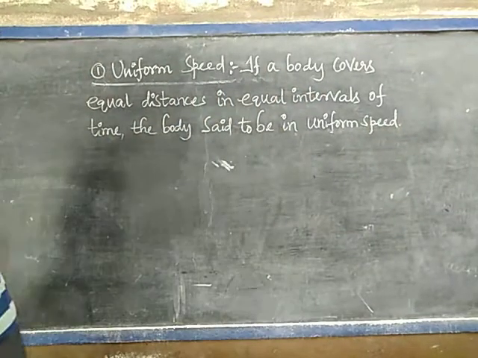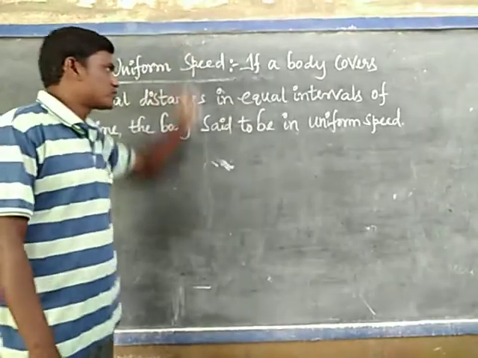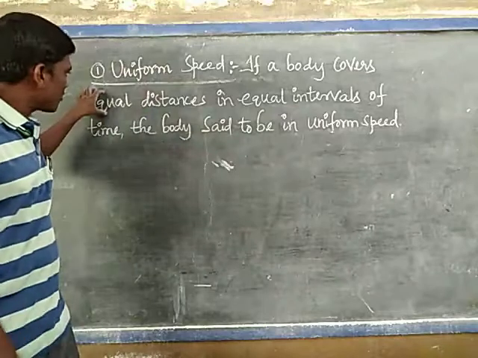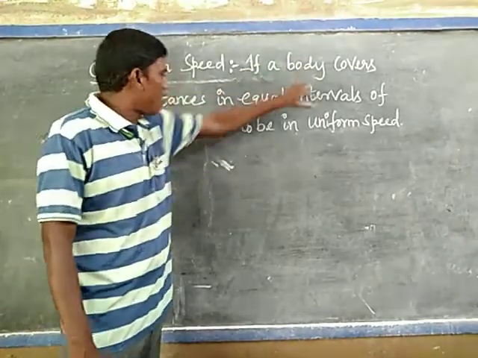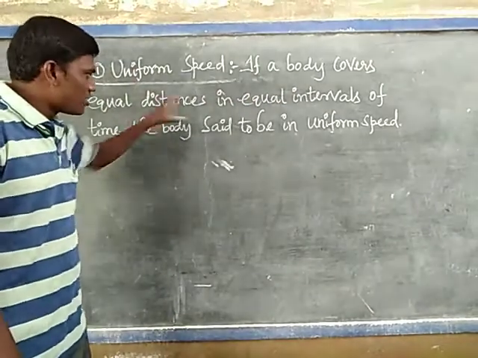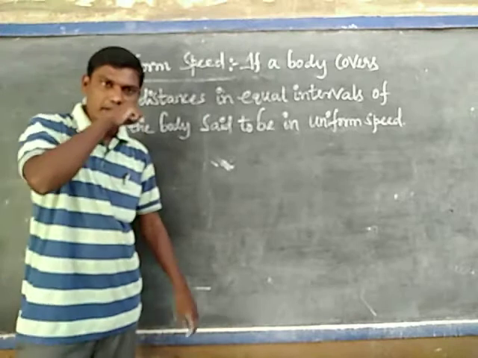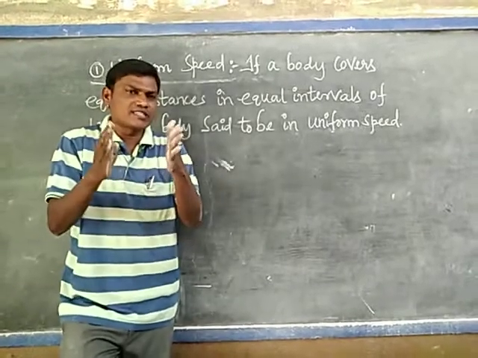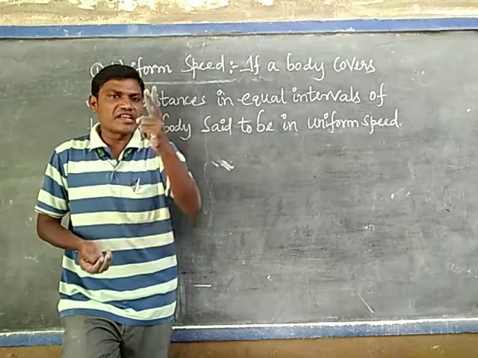So listen very carefully. Which type of speed do we call uniform speed? If a body covers equal distances in equal intervals of time, the body is said to be in uniform speed. Already we know very clearly what speed is. We can define it in 2 ways.